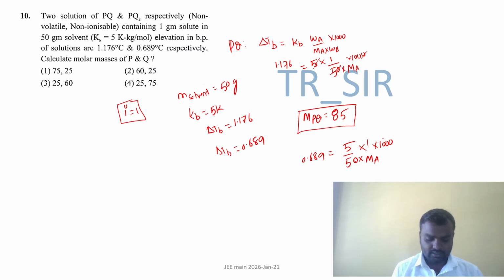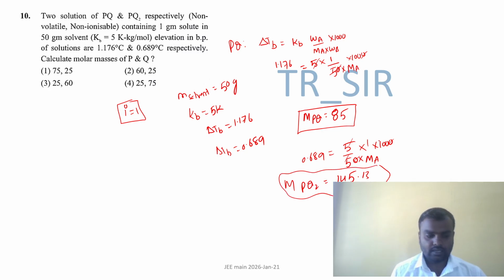So we're getting the same answer here, 100 by 0.689. 5 5 cancel out, 0 0 cancel out. So 100 by 0.689, you are getting 145.13. That is the molecular mass of PQ2.